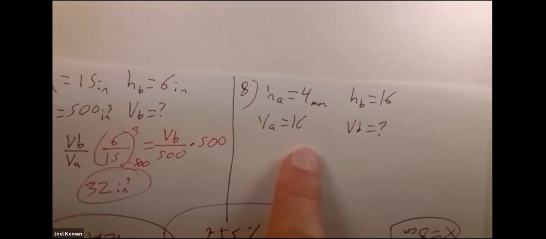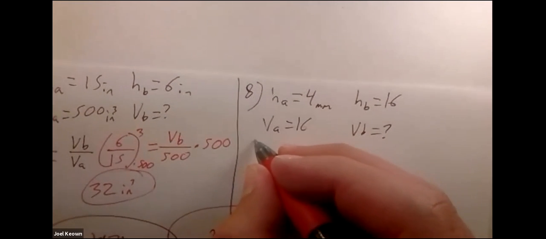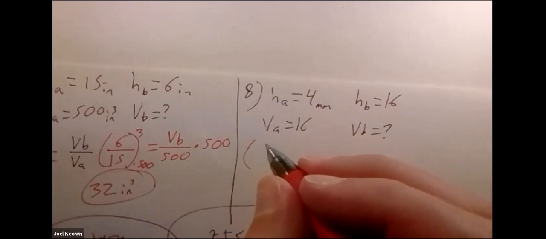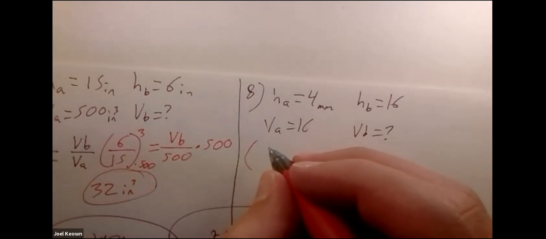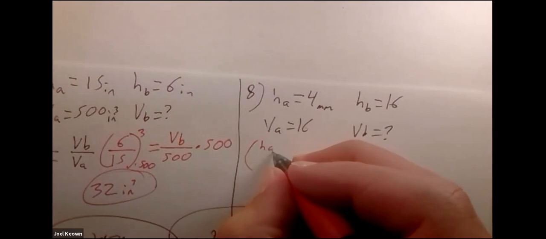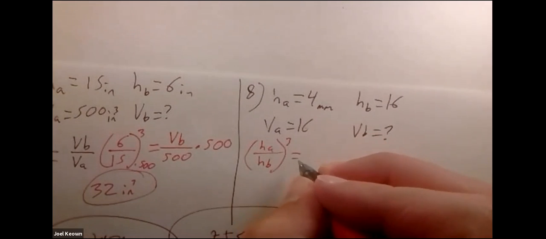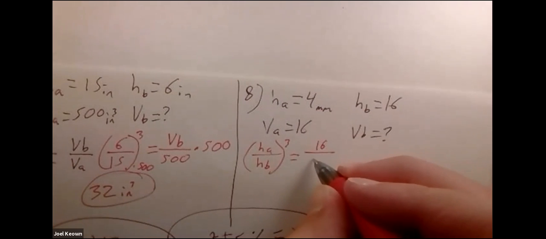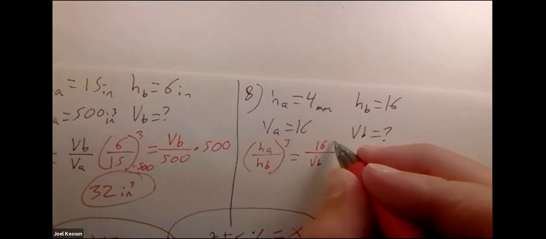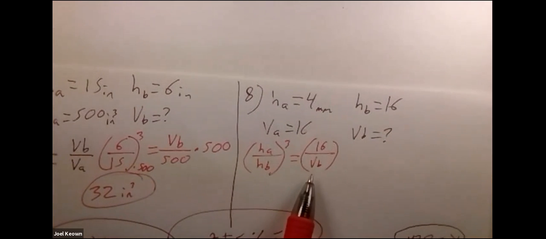Same thing here. Because the A is smaller, I'm going to put the A on top. It really doesn't matter, other than the fact that it makes it easier to solve that way. So I guess it doesn't matter a little bit. So H of A over H of B, cube it, and that's going to equal 16 over V of B. Okay, and here my V of B is on the bottom.